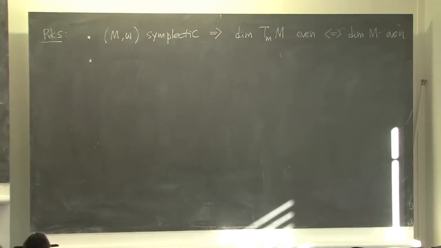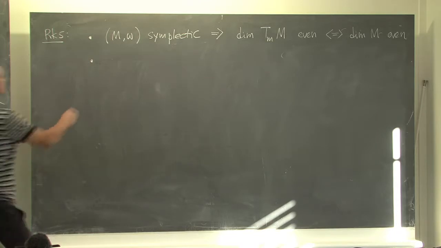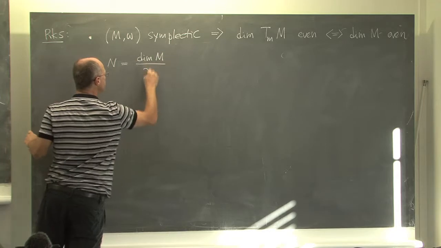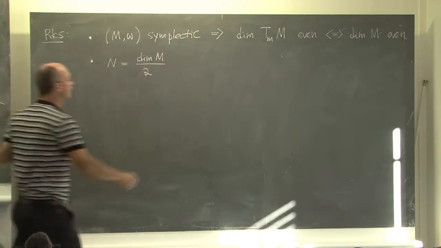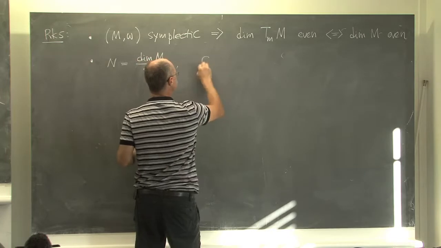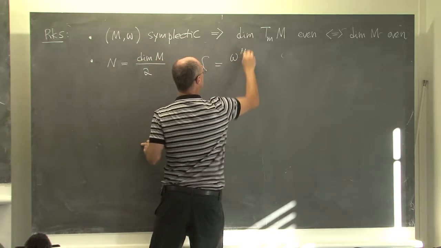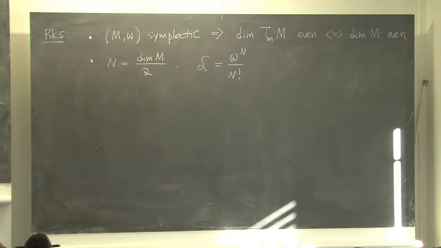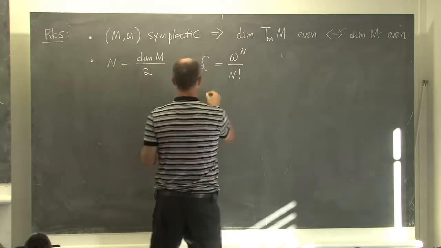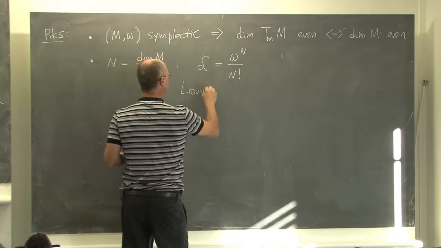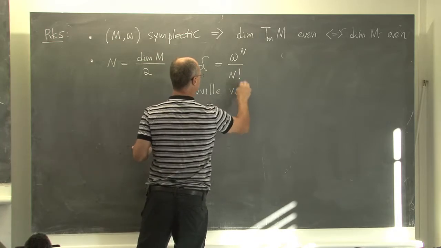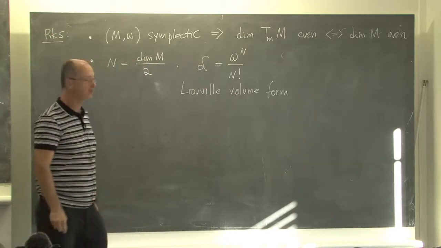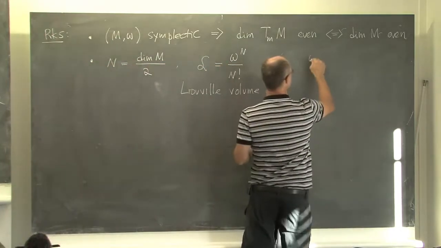The next remark is as follows. Let's denote by capital N the dimension of our symplectic manifold divided by 2, and let's consider the top degree form omega to the power n divided by n factorial. This is called the Liouville volume form.